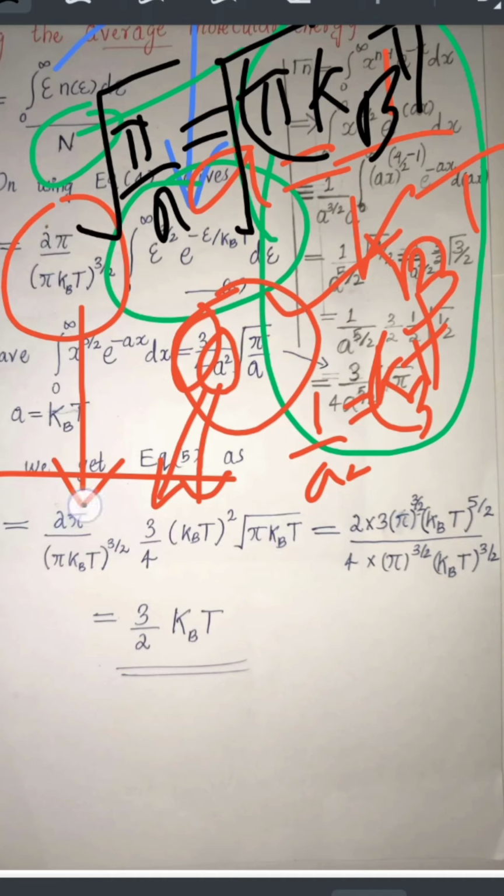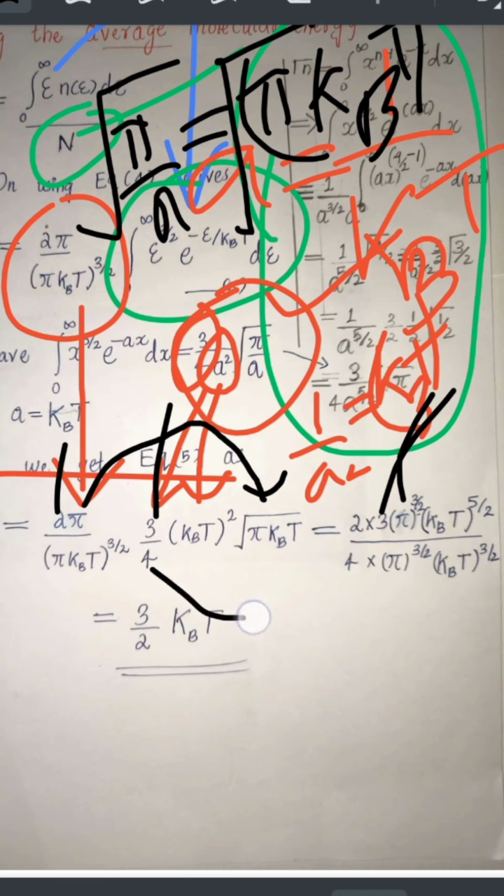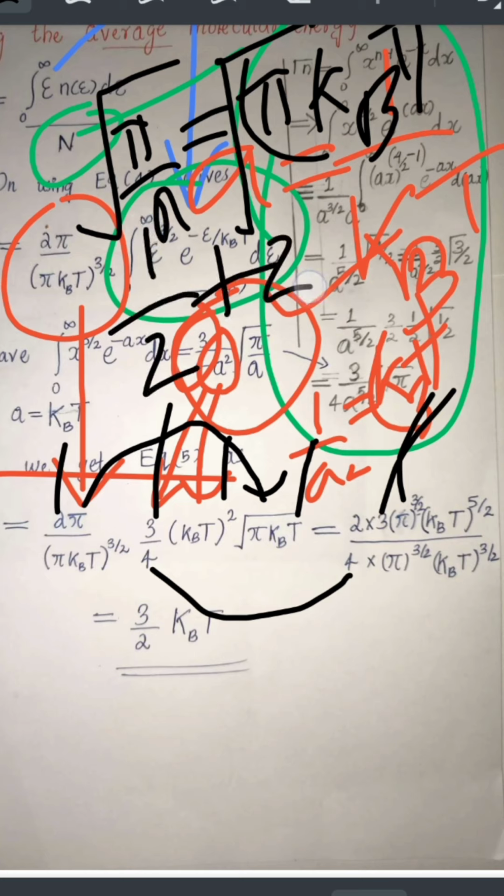And this pi and this root pi together gives pi to the 3 by 2 here, and these 2 and this 3 give 2 into 3, and these 4 in the denominator. And this kBT to the 1 by 2 and kBT whole square together gives 1 by 2 plus 2, that is 5 over 2.